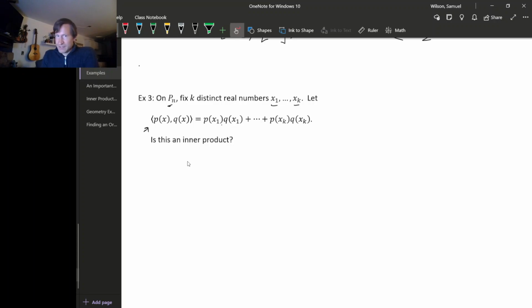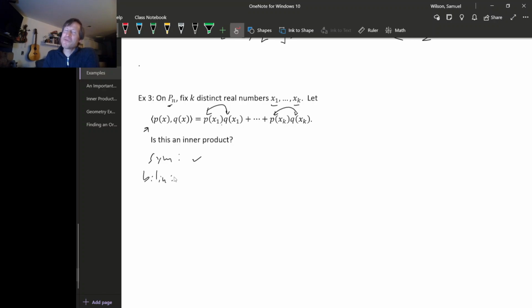Right? So is this an inner product? Well, is it symmetric? Well, you can see if we just switch the location of each p and q, we get the same thing, so yes. Is it bilinear?